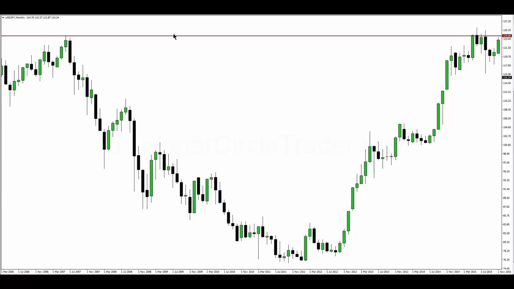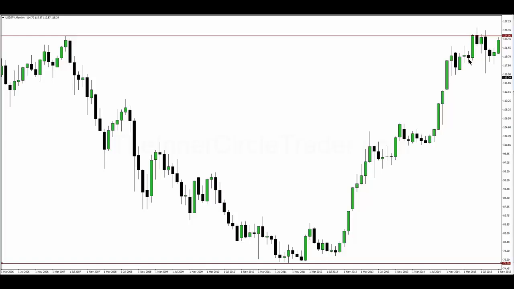Price sweeps above this old high, and that will be a form of external range liquidity because it's outside the range from this high and the low it formed. So that was the range prior to the new breakout above this high.